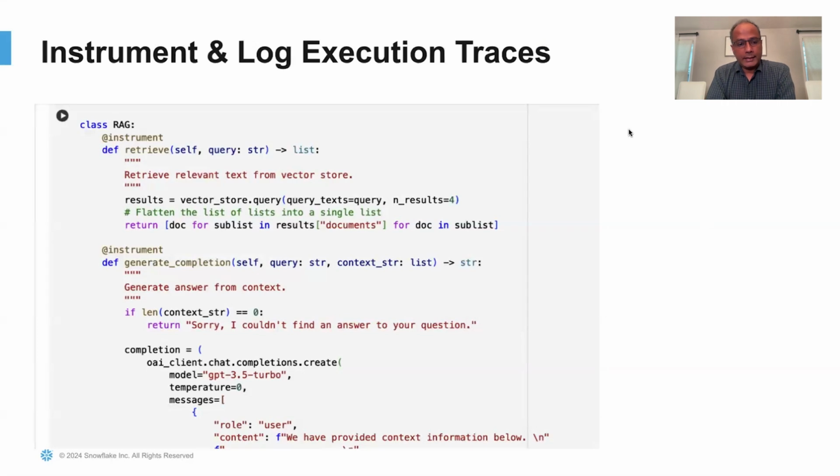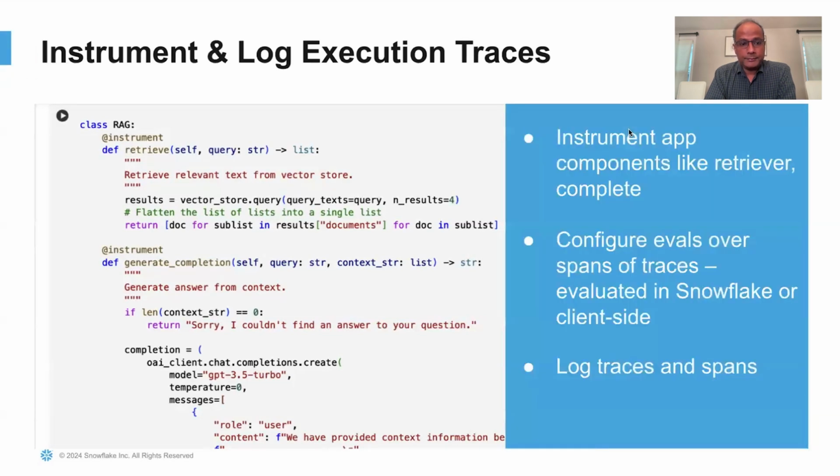We have spent some time going into the depths of evaluation. The other important component that Avinash had mentioned earlier is instrumentation of applications as well as execution trace logging from those apps.